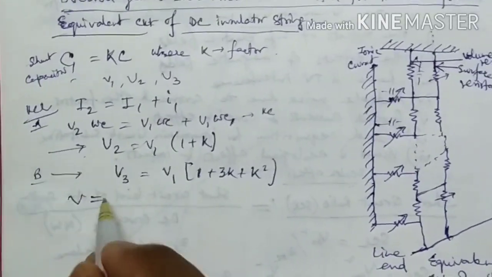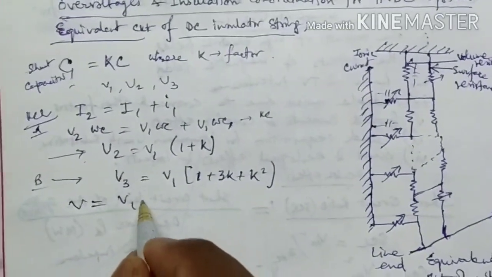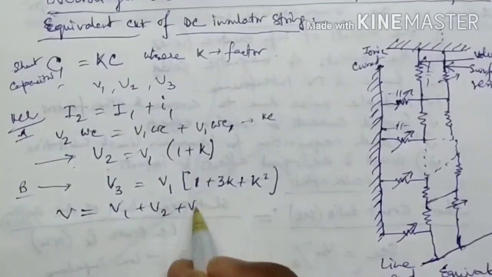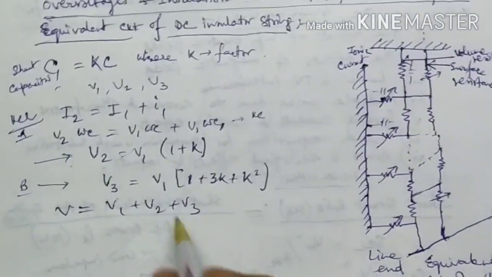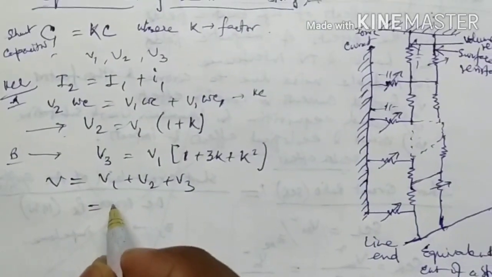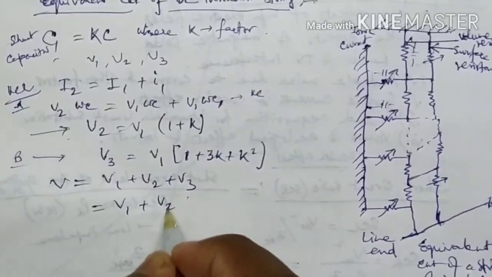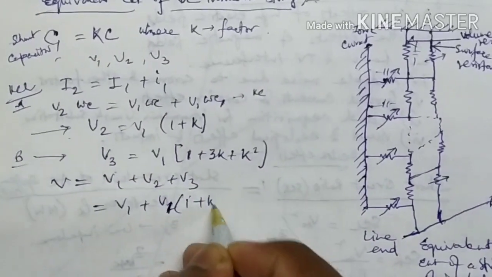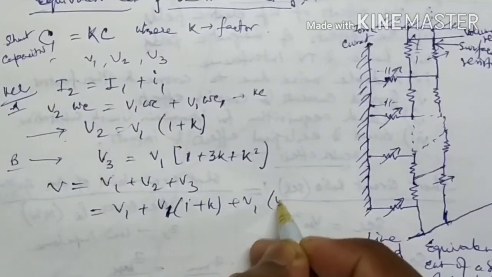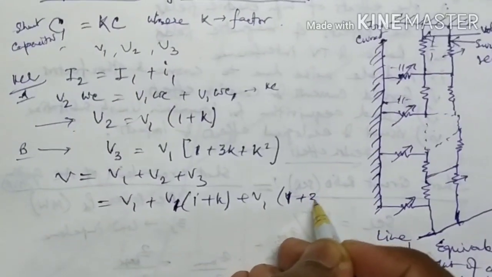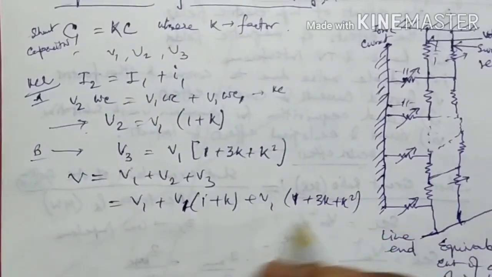So total voltage between the conductor, that is V equal to V1 plus V2 plus V3, that will be V1 plus V1 (1 plus K) plus V1 (1 plus 3K plus K square).